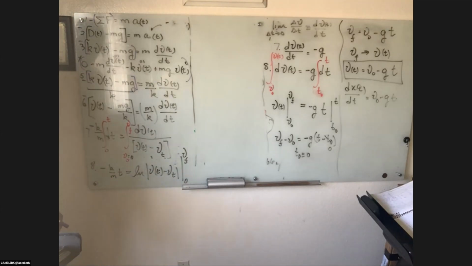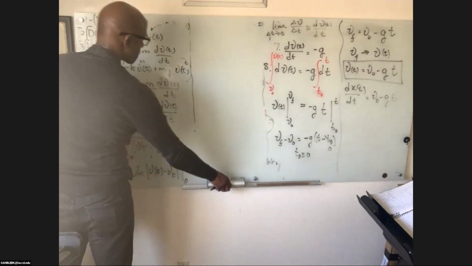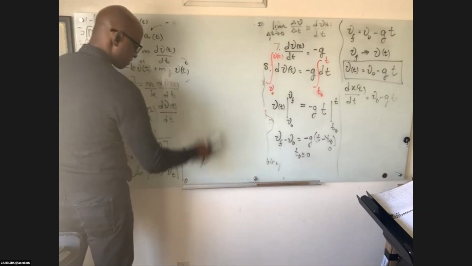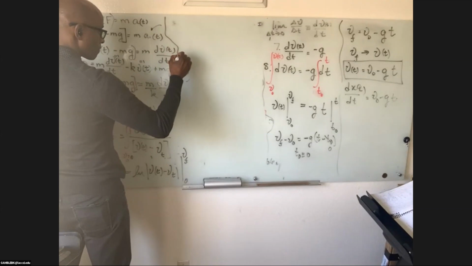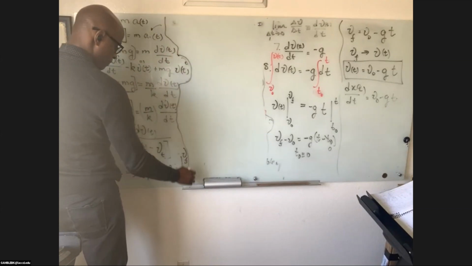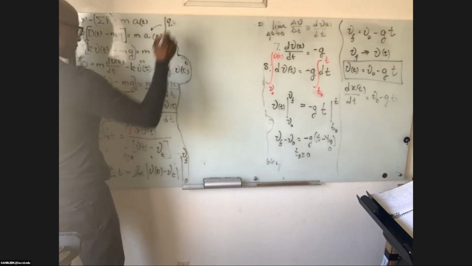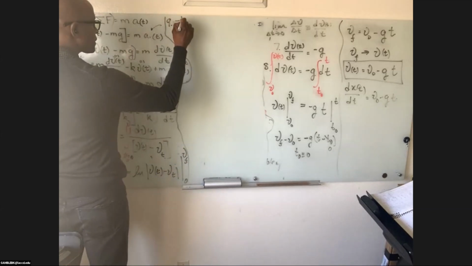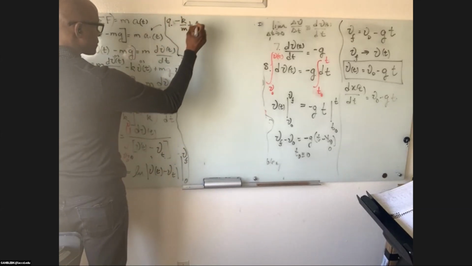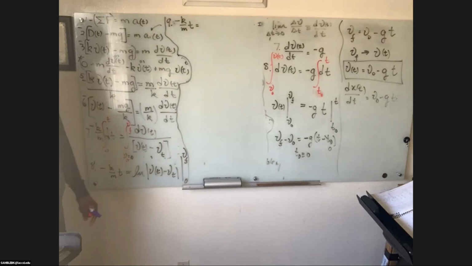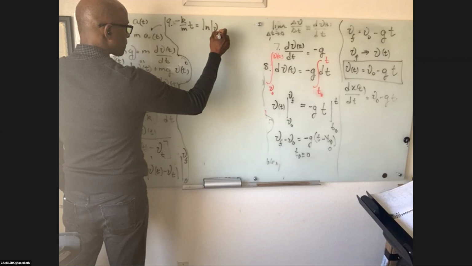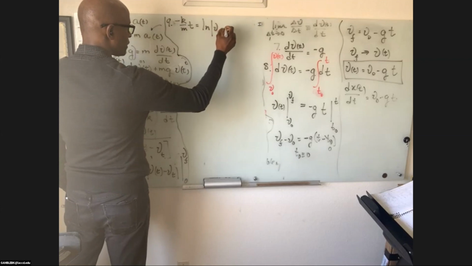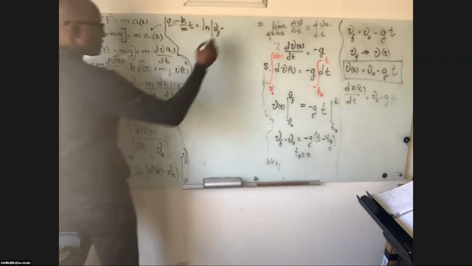And so what we will get is minus k over m times t is equal to, putting in the limits, ln of v final minus v sub t.